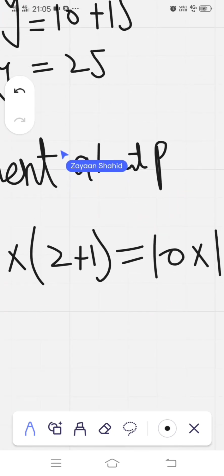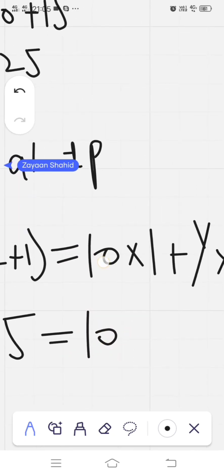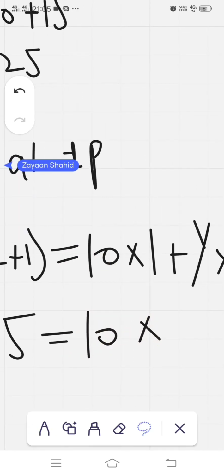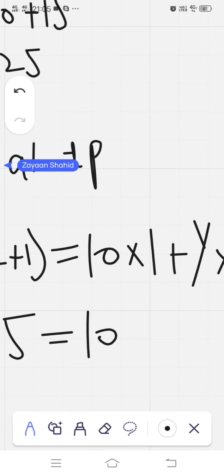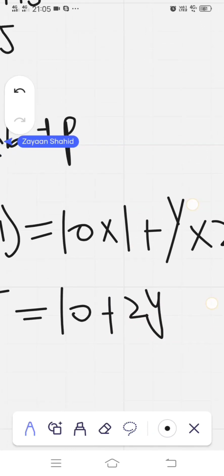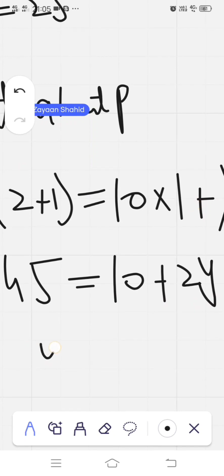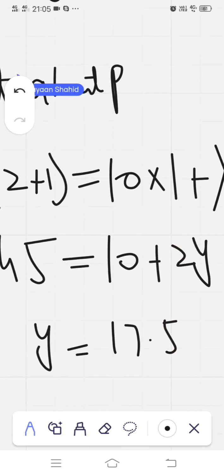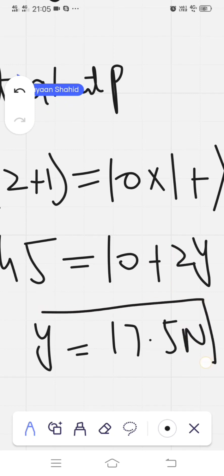Very simply, this is 45 equal to 10 plus 2y. So y is equal to 45 minus 10, 35, divided by 2, which is 17.5. The y value is 17.5 Newton.